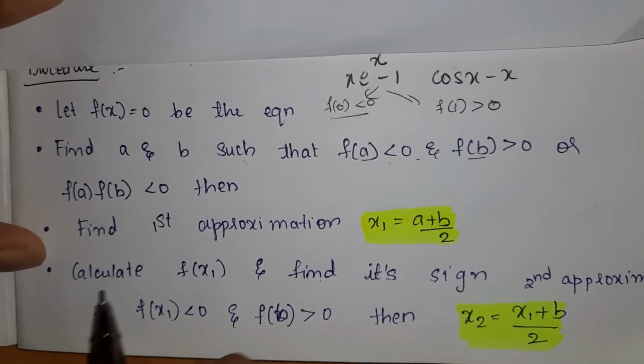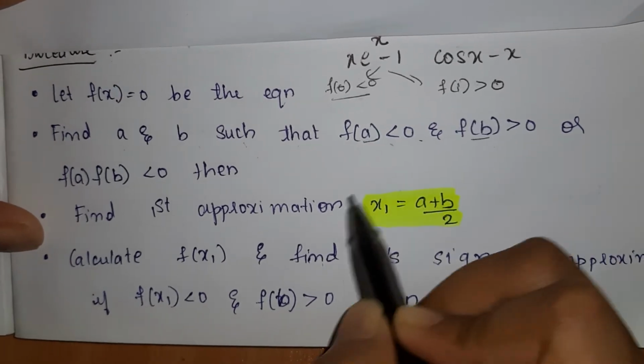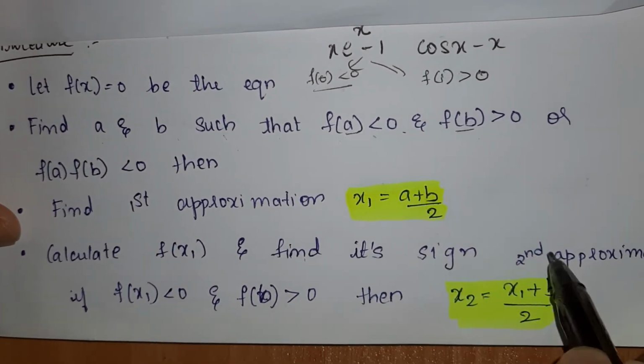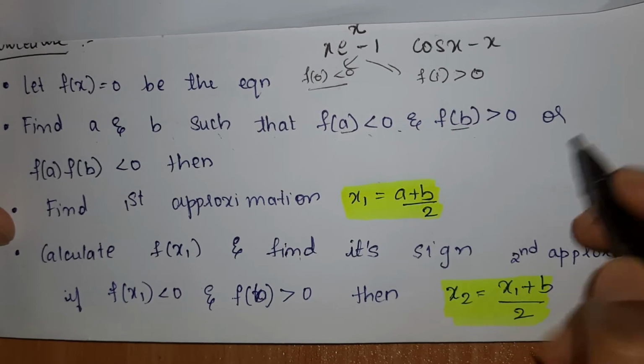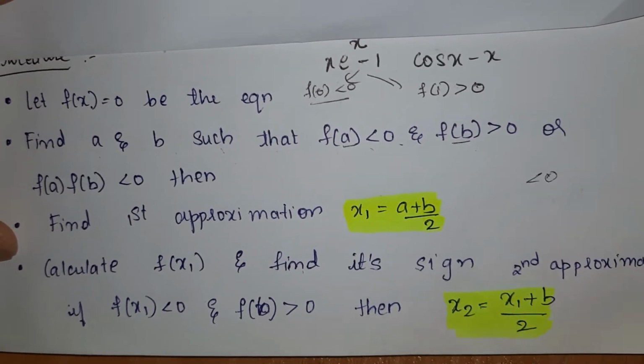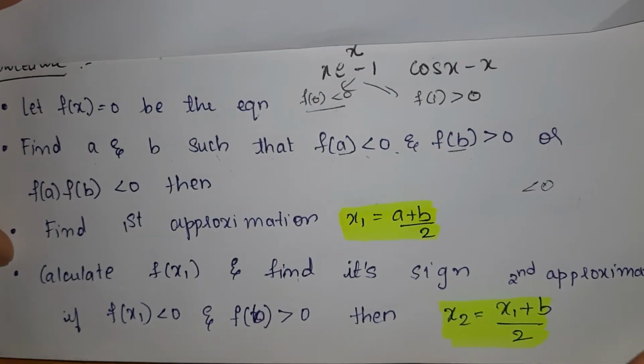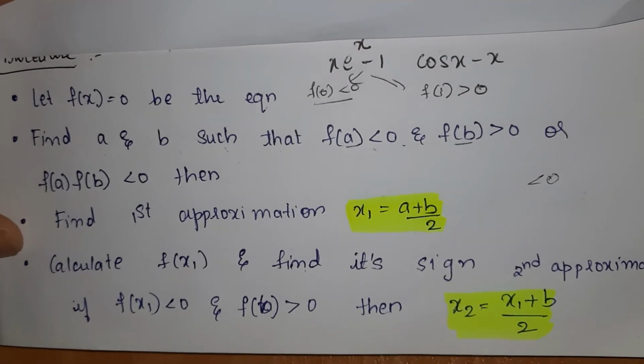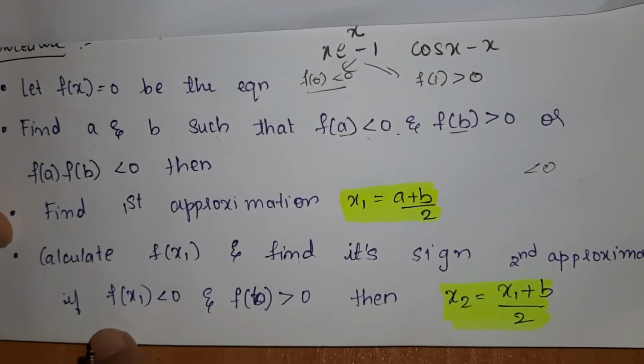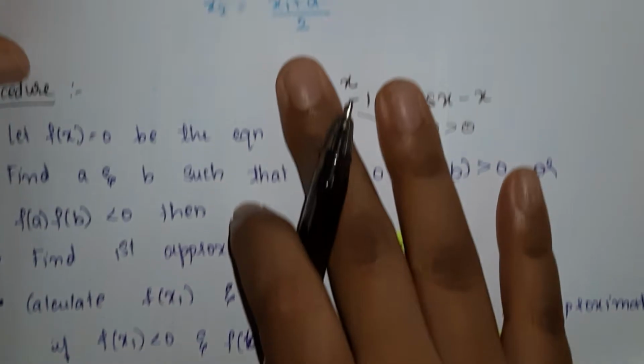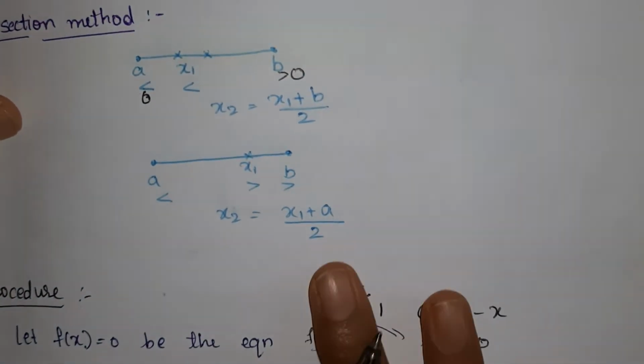So here you see, first you have to calculate x1, a plus b by 2. Then f of x1. If it is less than 0, then its sign is negative. Then how to take the second approximation between f of x1 and f of b?